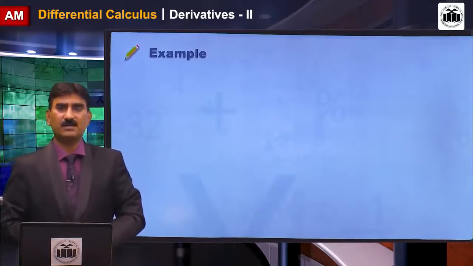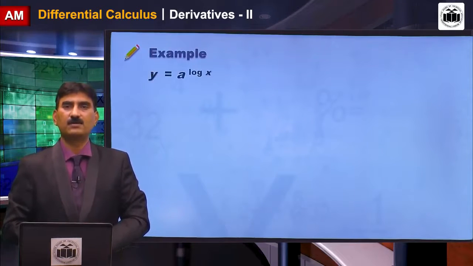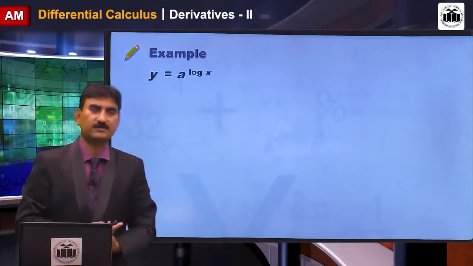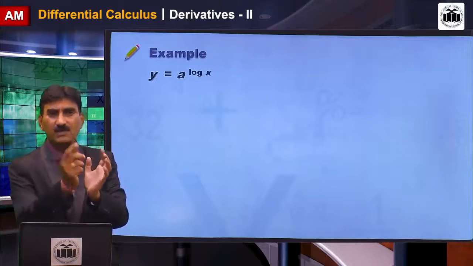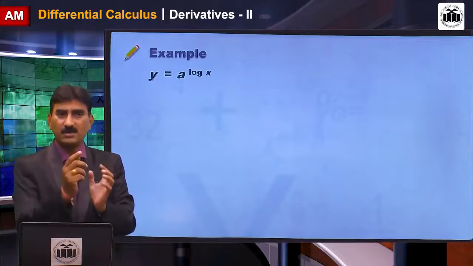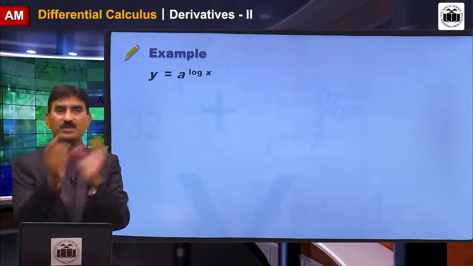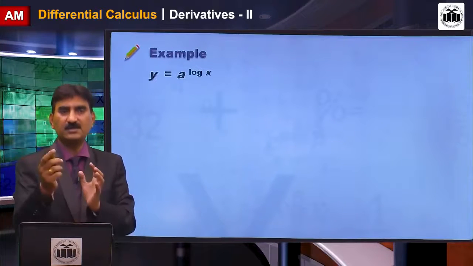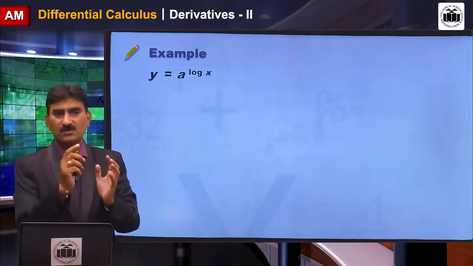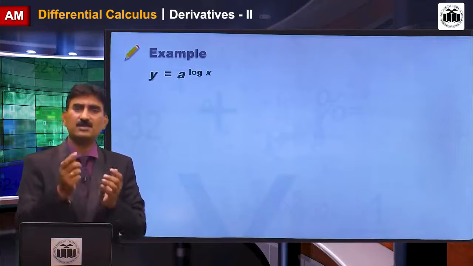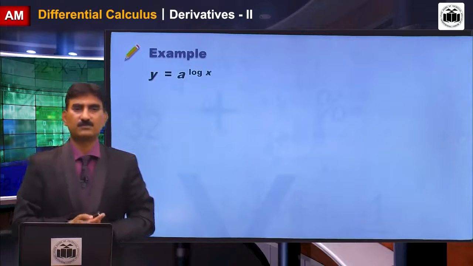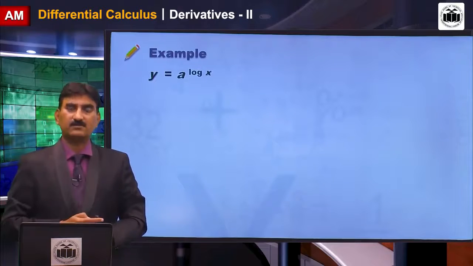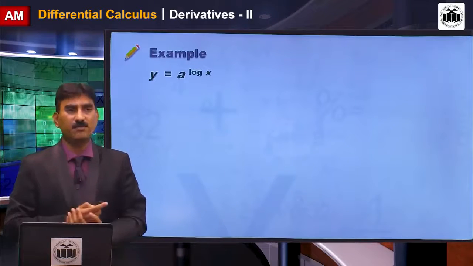Now see another example, y equal to a raised to log x. Now students, I am going to ask you what type of function this is. You already learnt about this function in the previous case, in the simple type of function. So tell me what is the type of this function. Correct. This is the exponential type of function.